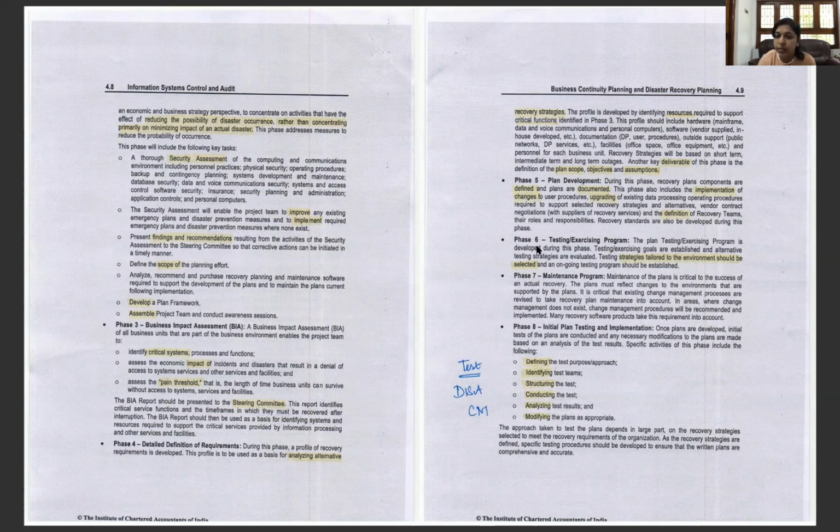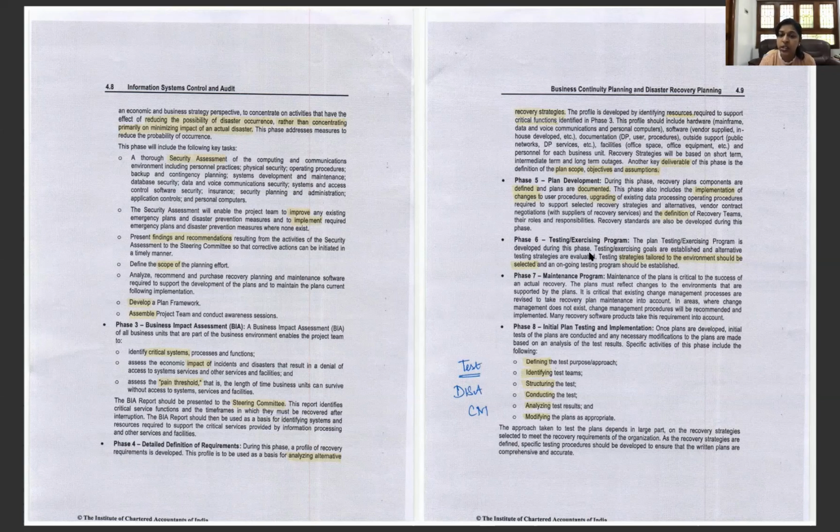And next one is the testing or exercising program. It is not enough that you just develop it and have it in our hand. It should also be tested, or validated. How are we going to do that? The plan testing or exercising program is developed during this phase. Testing or exercising goals are established and alternative strategies are evaluated.